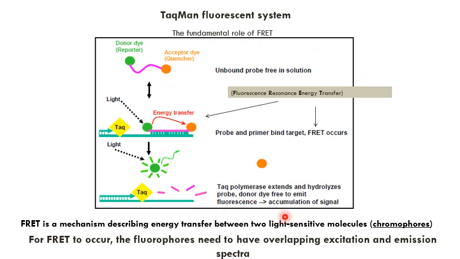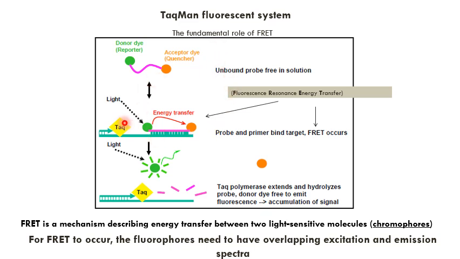Here, let's explain what a probe and primer bind target is, which is FRET. How does it work? It's the same concept as the Taq polymerase, where it describes the energy transfer between two light-sensitive molecules.